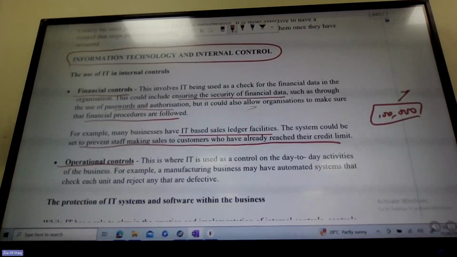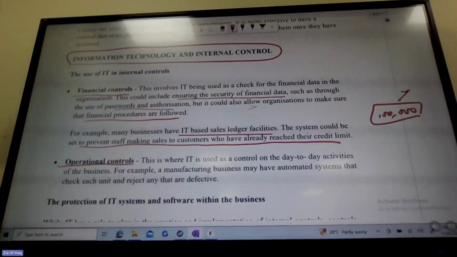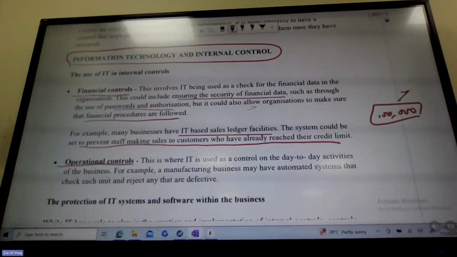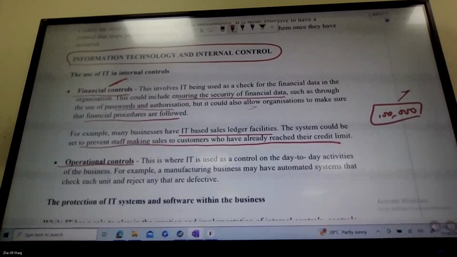If one of our employees creates a 50,000 credit account for a new customer, this should be stopped by our system. This should not be allowed by the system. These are called financial controls that should be over our system.